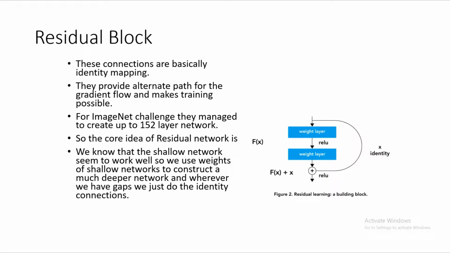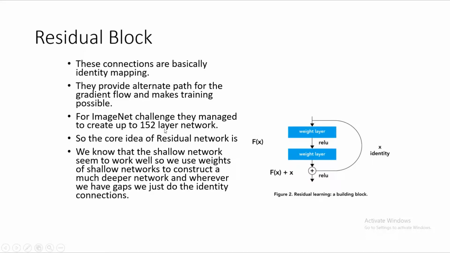Here we can see that these connections are basically an identity mapping. Here this is the input, and here we can see the identity mapping. They provide an alternate path for the gradient flow and make the training possible. And for the ImageNet challenge, they managed to create a network of up to 152 layers.